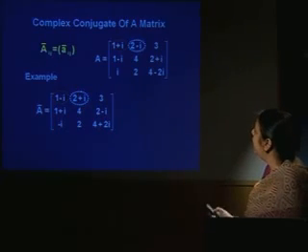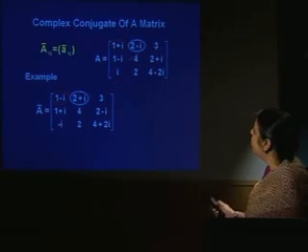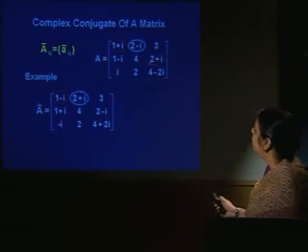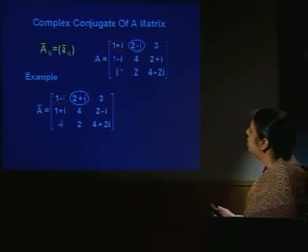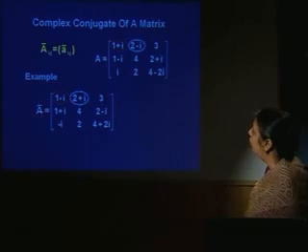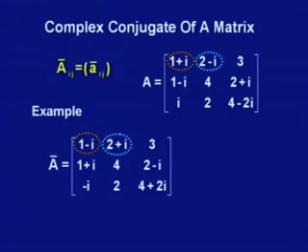The next element 3 is a real number, so its complex conjugate remains the same. For 1 minus i, here we have 1 plus i. 4 is real, it is not affected. 2 minus i is the complex conjugate of 2 plus i. Here we have i, here we have minus i. So, with this matrix being given as A, the complex conjugate A bar will be this matrix.